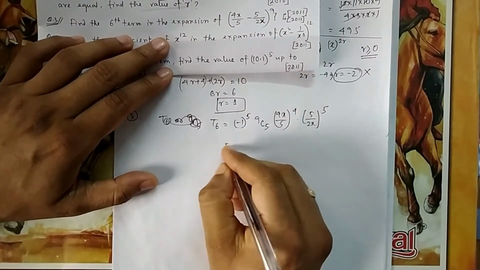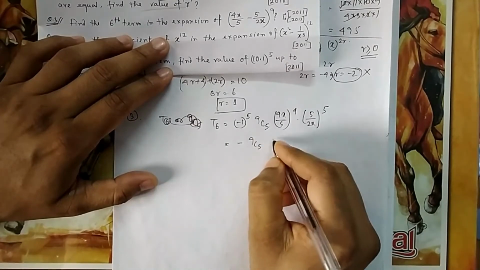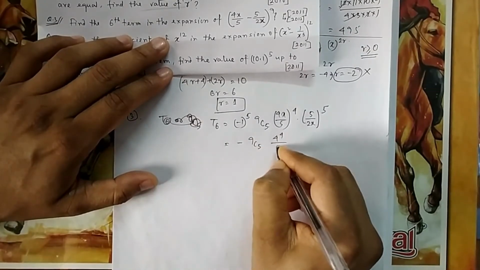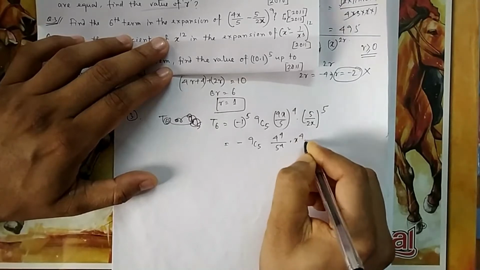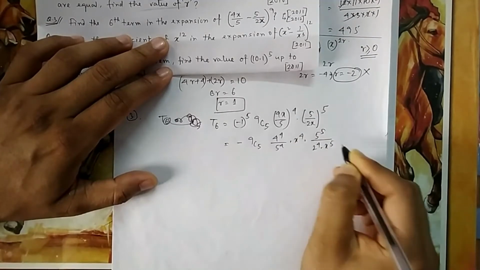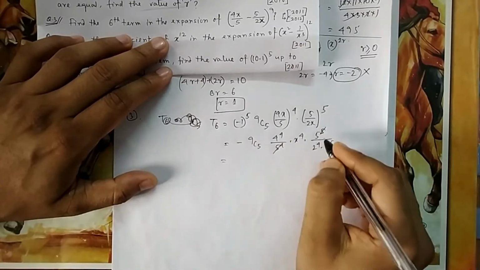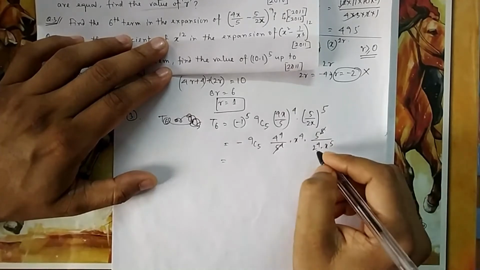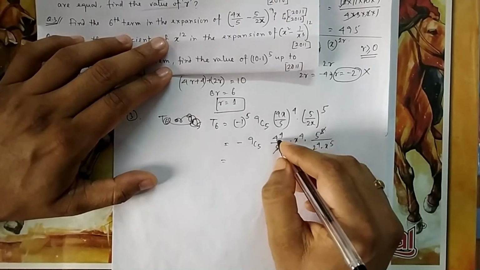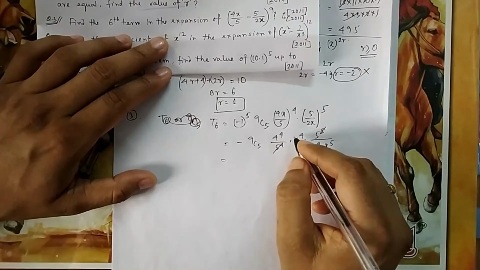Now if you do it, it will be minus 9C5 and it will be 4 to the power 4, 5 to the power 4, x to the power 4, 5 to the power 5, 2 to the power 4, x to the power 5. So you can think now 5 to the power 4 and 5 is gone, so it will be only one 5. 4 to the power 4 is 2 to the power 8, and 2 to the power 4 will ultimately give 2 to the power 4 there.